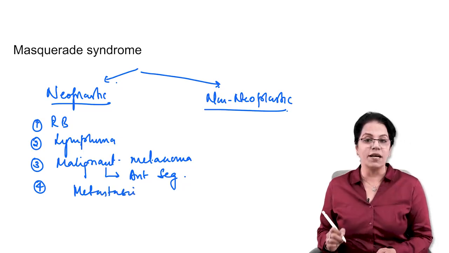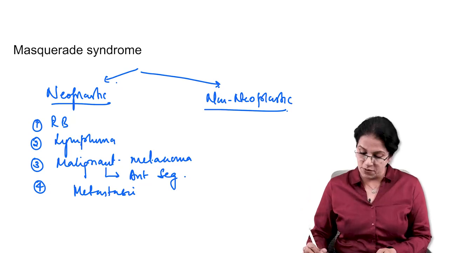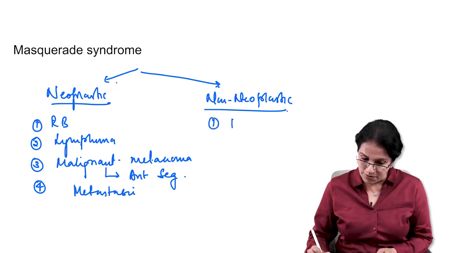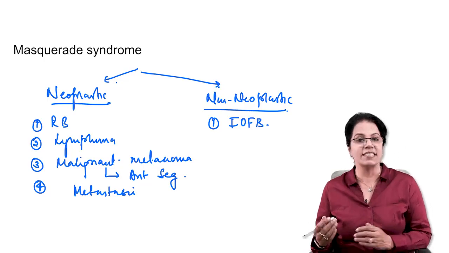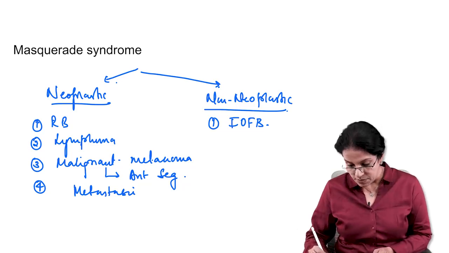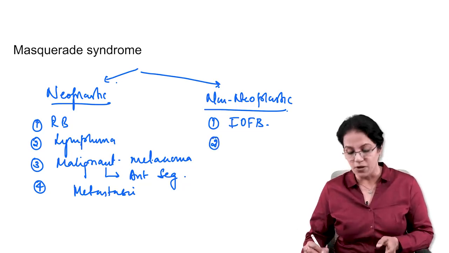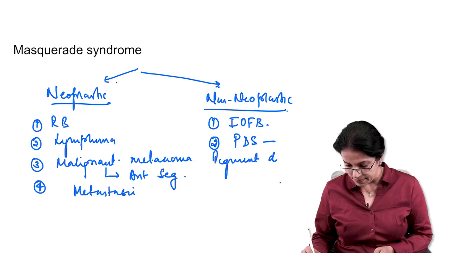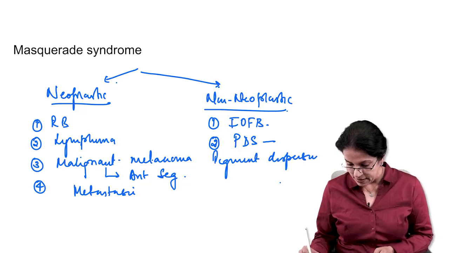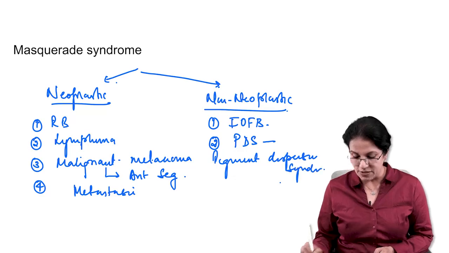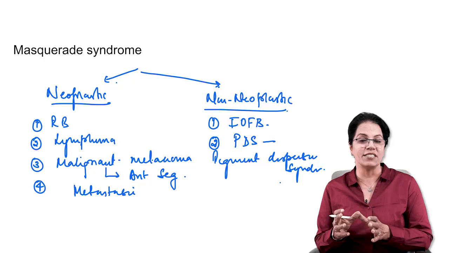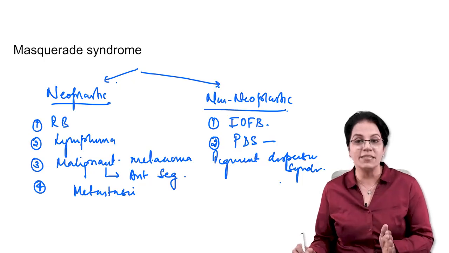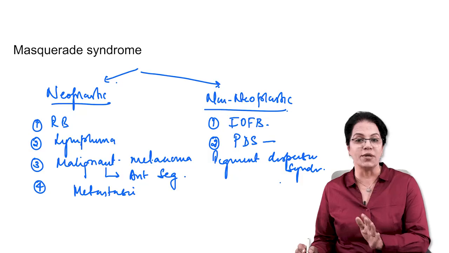And in non-neoplastic, one very important which is again relevant to us is intraocular foreign body, okay? Intraocular foreign body may mimic uveitis. Sometimes even pigment dispersion syndrome that you have learnt in secondary glaucoma, PDS, right? So these are some very important causes that you have to keep in mind regarding anterior uveitis. Again, I am telling you, you don't have to mug up the list, just know it.